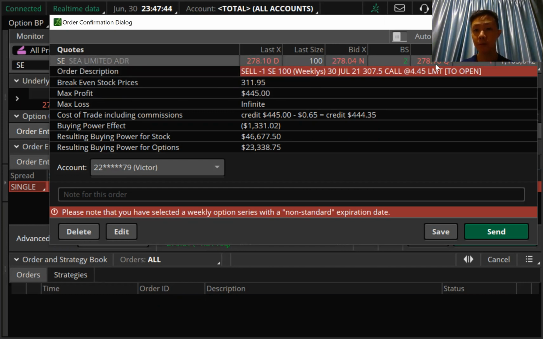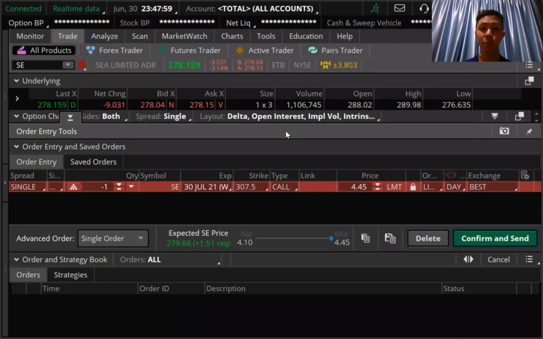If the contract gets exercised, you still get to keep the premium, but you will no longer see your 100 shares of SE. So what will happen? You will see SE disappear in your portfolio, and you will see 307.5 times 100.